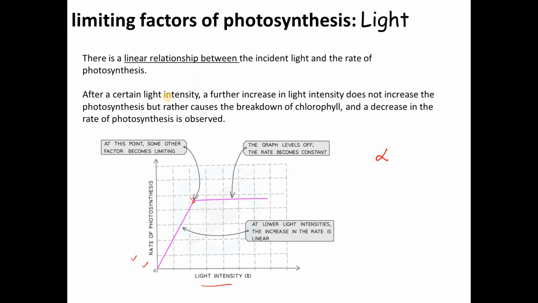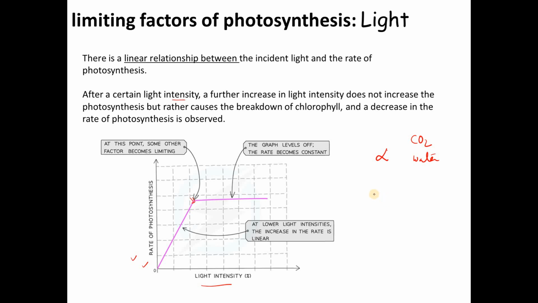After a certain point, if you keep increasing light intensity, there is no further change in the rate of photosynthesis, because we have not increased the CO2, the water, the chlorophyll or other factors. So just increasing light is not going to help. And this is true for any chemical reaction happening in living processes.